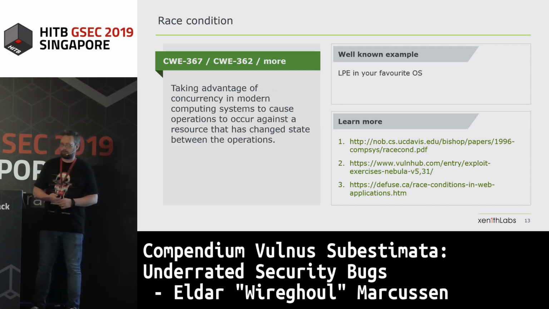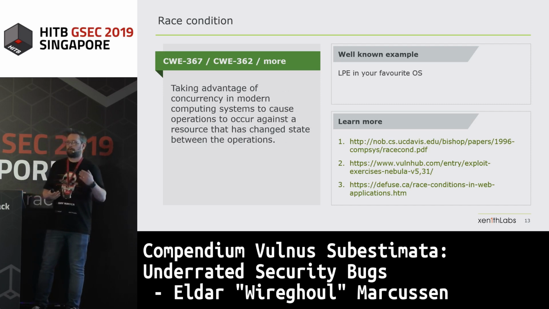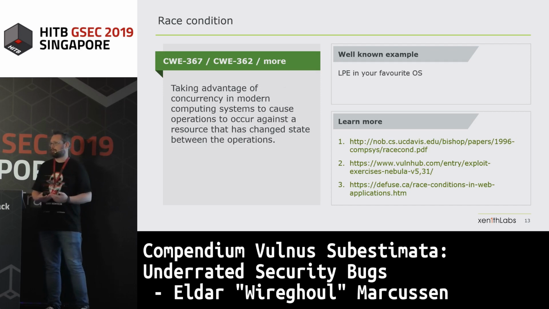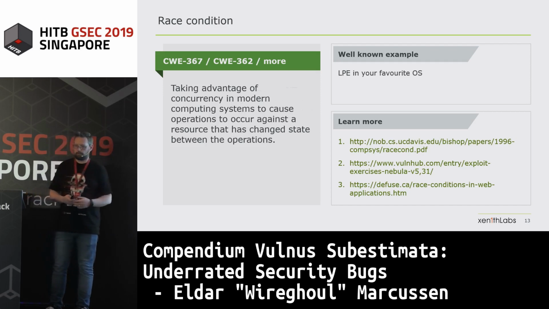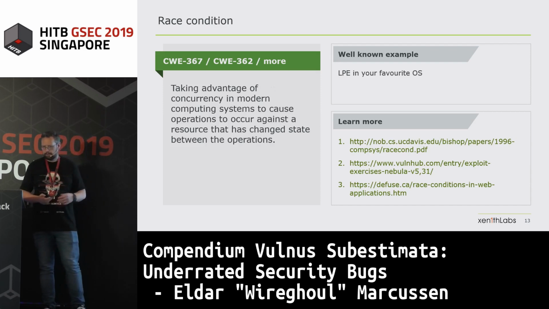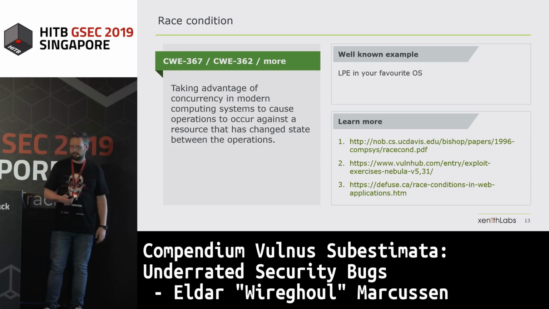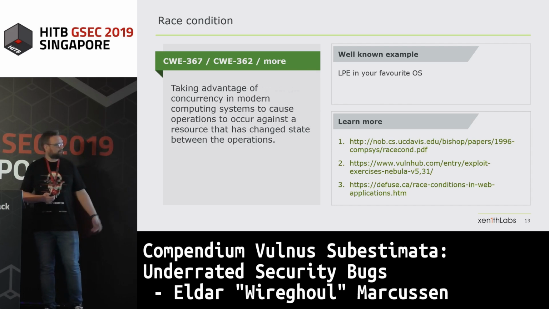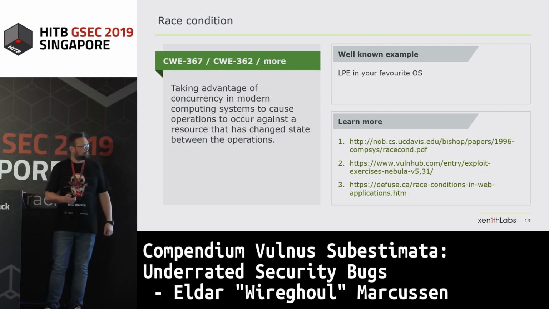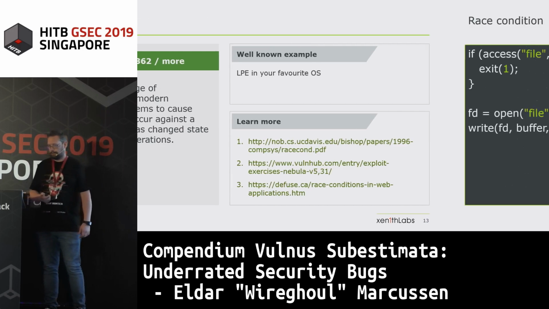Generally, they exist everywhere. It's a problem when a process is attempting to access a resource, and you as the attacker can influence that resource at the same time, causing a race condition. There are a few examples there. The VulnHub one, you can go and try your hand at yourself.